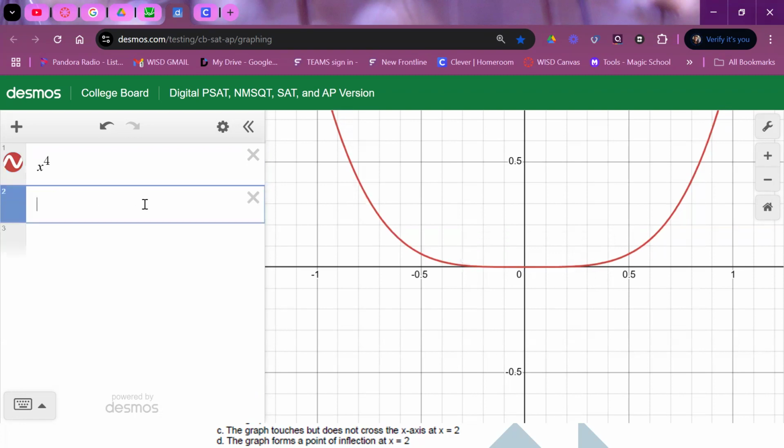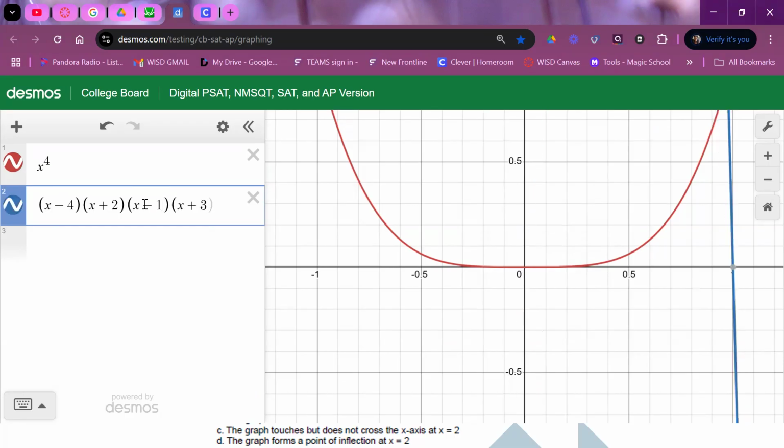Now, if I wanted it to have its full on 4 x-intercepts that it could, then that means I have 4 factors that are taking place here. And it doesn't matter. I'm just putting in a model for you. And then we're going to do x plus 3.